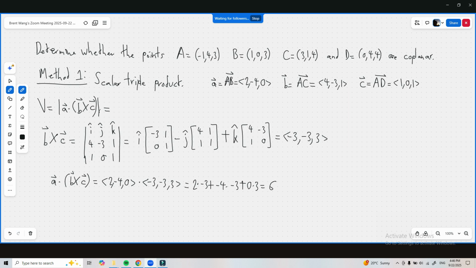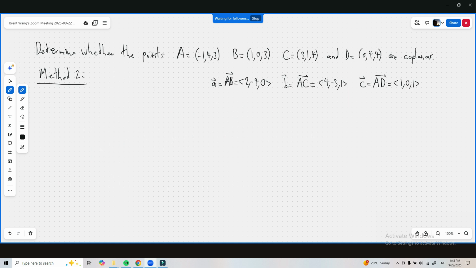So the volume of this parallelepiped is 6, which is not 0. So therefore, these points don't lie on the same plane.